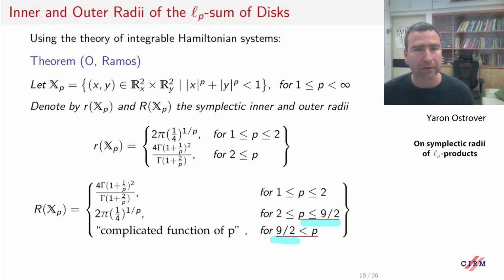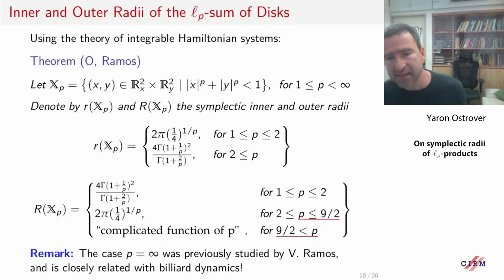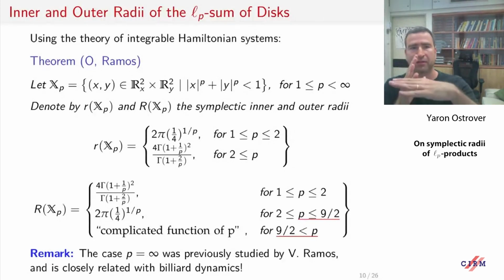There's also a question in the chat whether these P-sums are symplectomorphic to toric domains. Yes, this is the next thing that I want to say. So I want to relate this story to toric domains. But before that, I should say that the case P equals infinity, which corresponds to the Lagrangian bi-disk, the product of two Lagrangian disks, was previously studied by Ramos, and it is closely related with billiard dynamics.